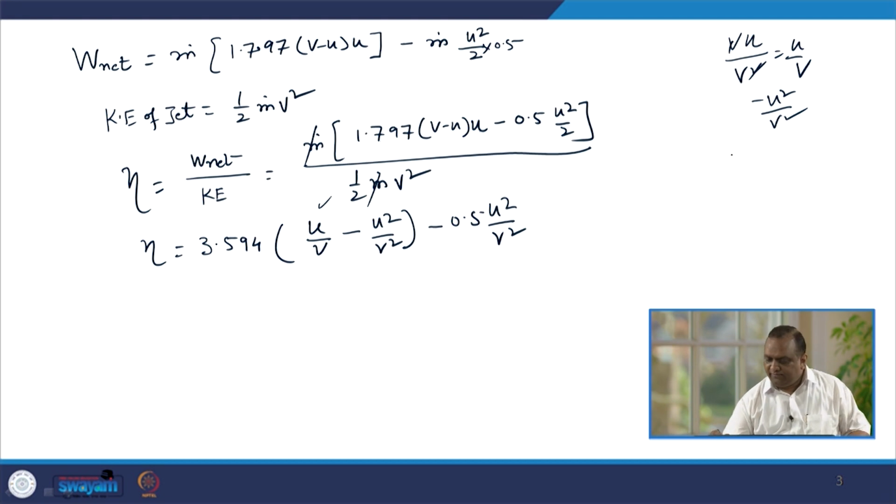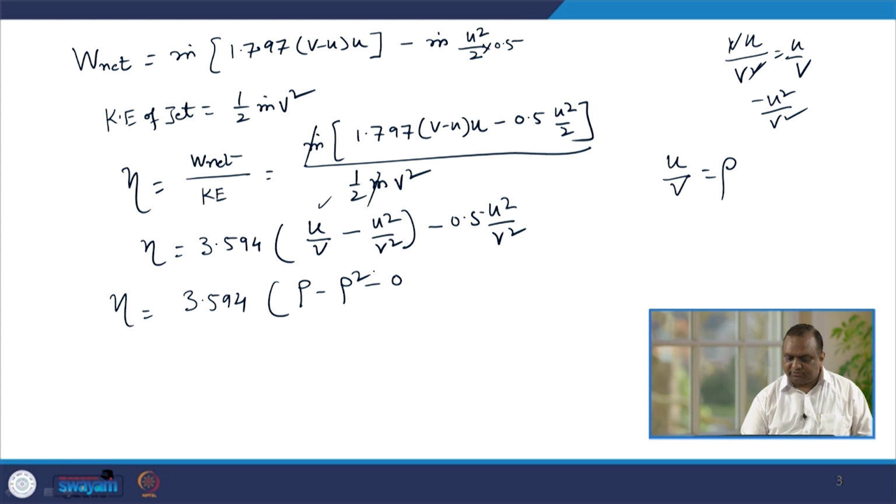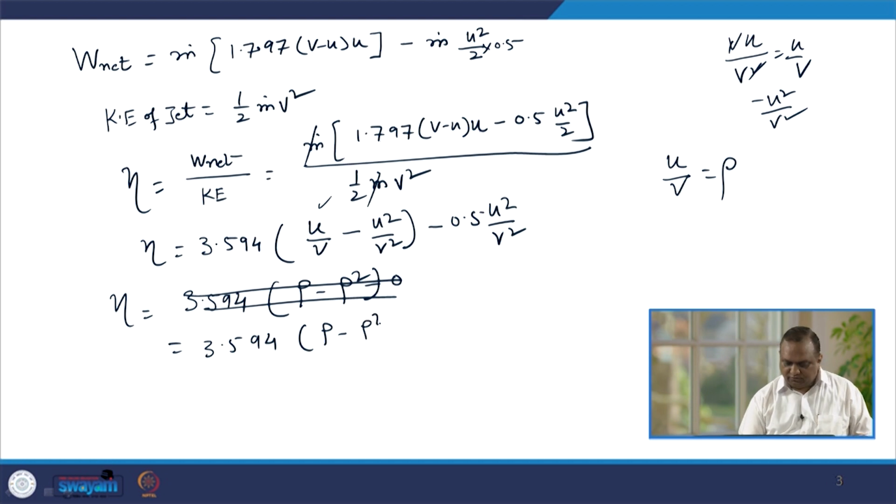Now, if we consider u by v as rho, the speed ratio, then efficiency is 3.594 rho minus rho square minus 0.5 rho square.